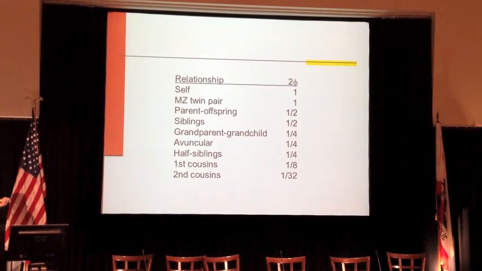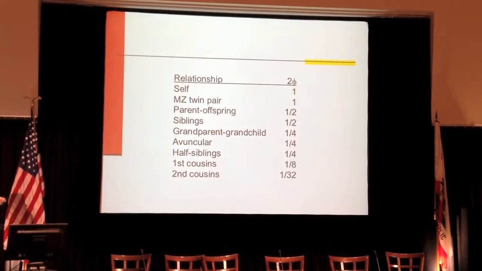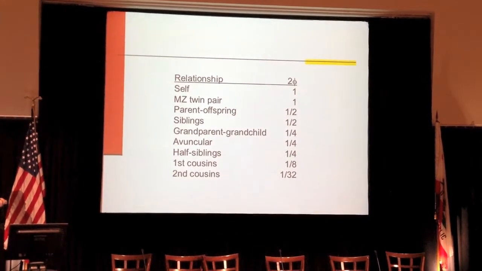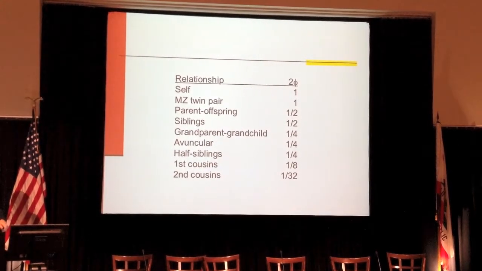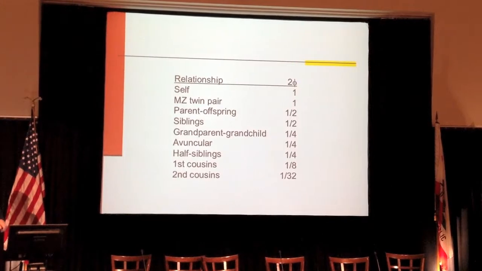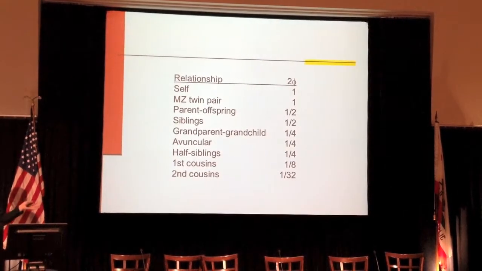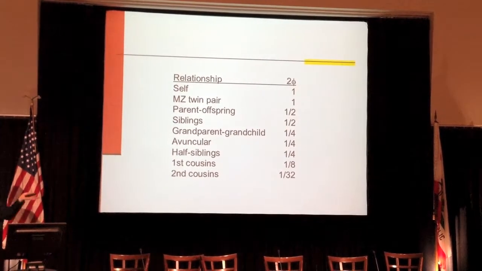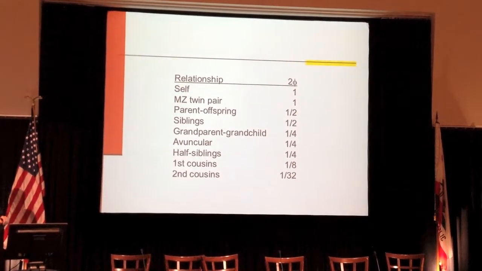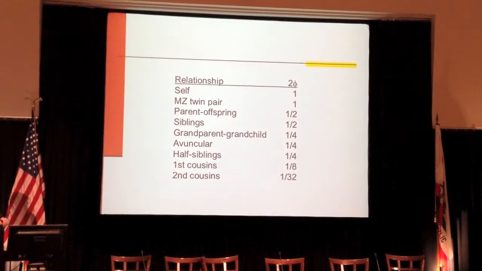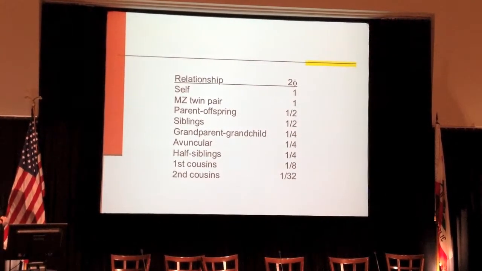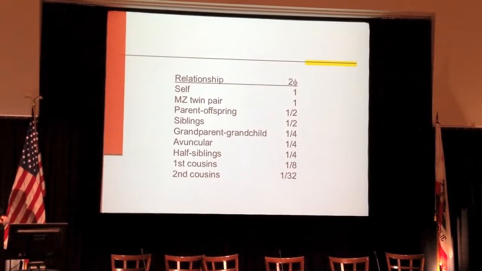Grandparents and grandchildren share 0.25 of the variance, then first cousins and second cousins, and so on and so forth, until you actually get down to people, just randomly chosen people, like what we have here, who will share actually about 1 to maybe as much as 5% of the variance, especially people from a similar geographic locality.